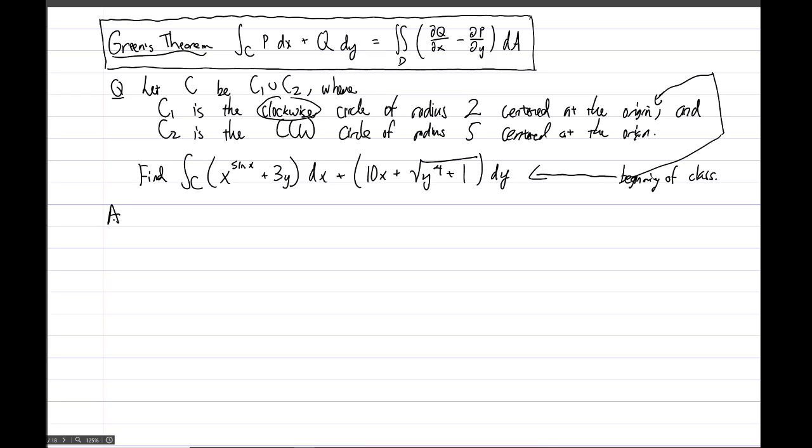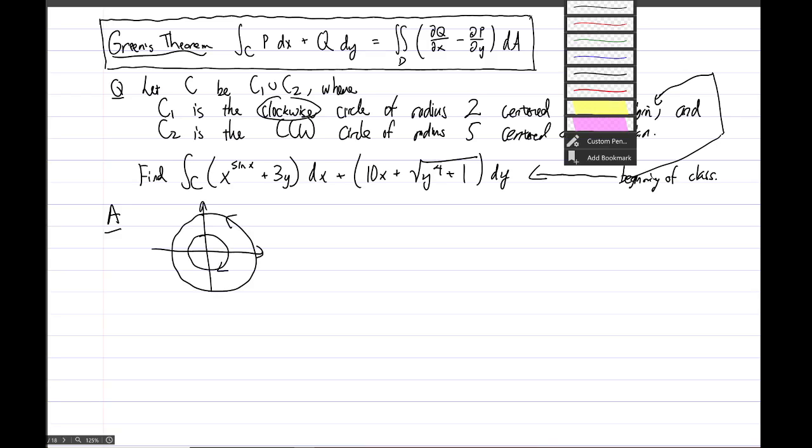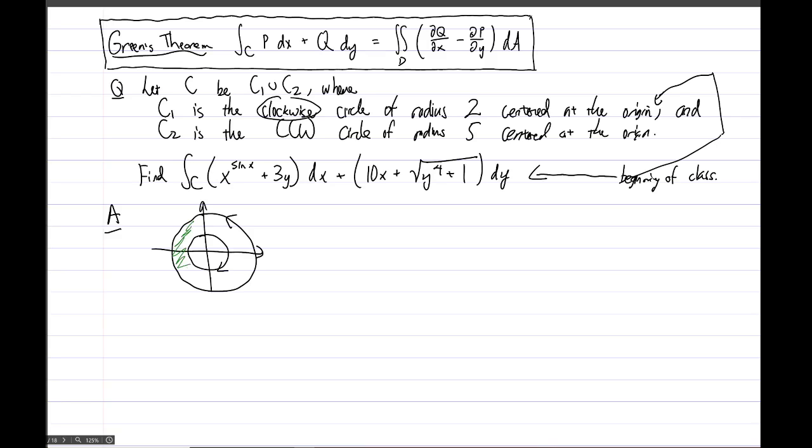Okay, in starting the answer, let's just draw the following picture. There's this circle this way, oriented clockwise. There's a circle this way of radius 5, oriented counterclockwise. The region in between is here.